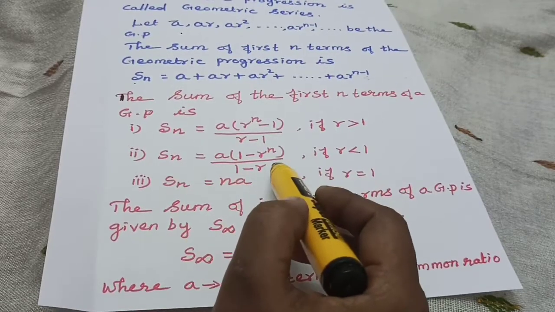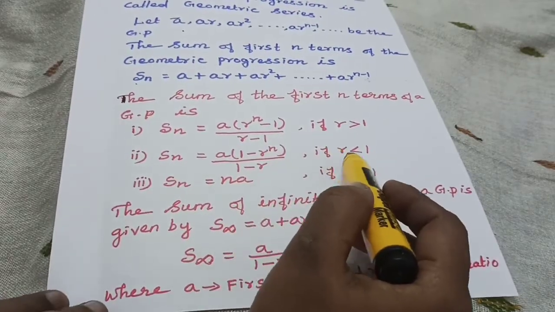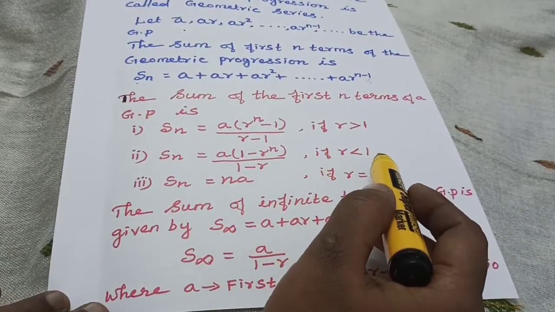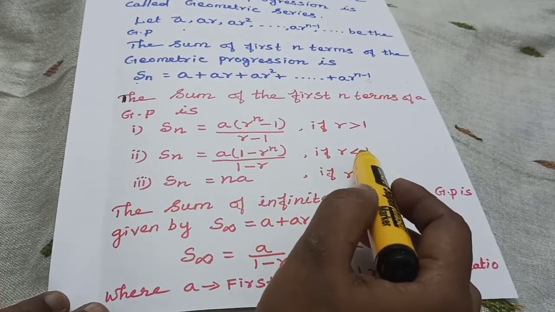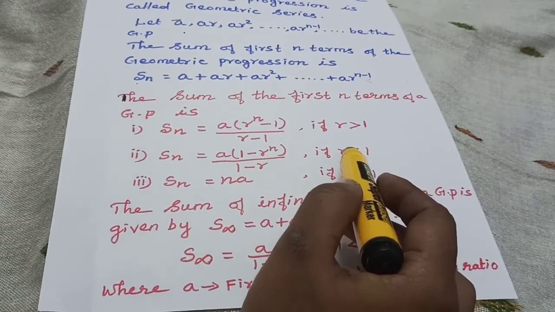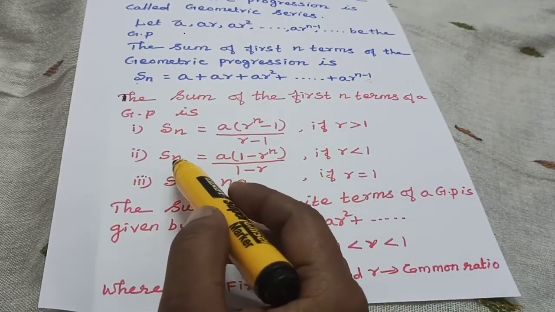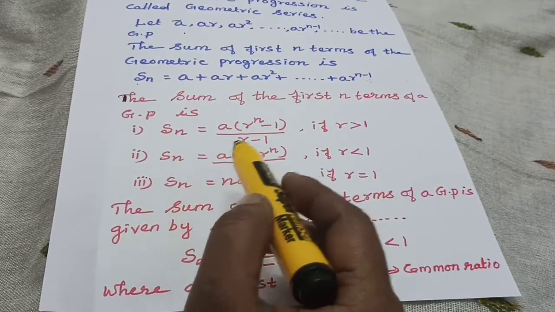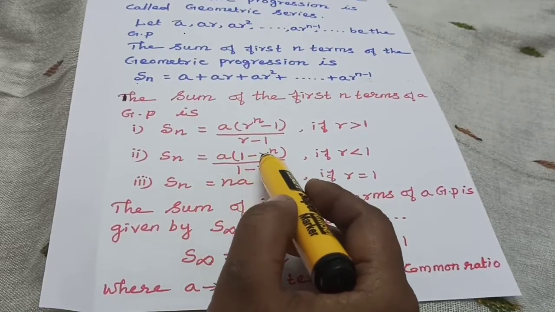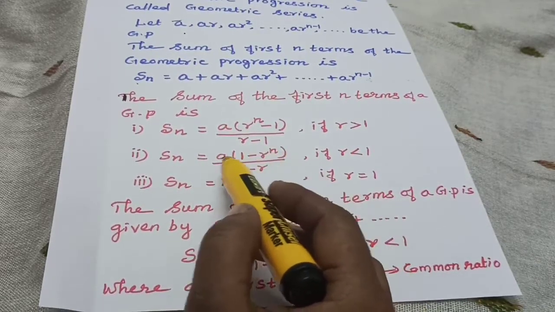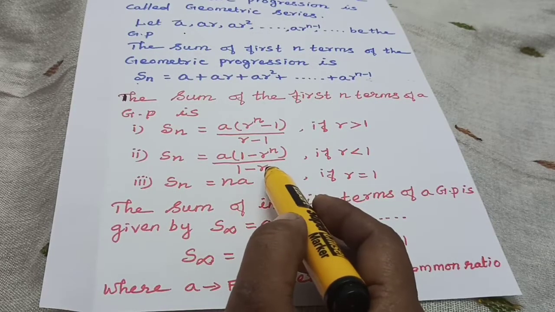When we have to use this formula? If r is less than 1, first we have to find out the r value. If r is less than 1 we have to use this formula. Sn equal to a into 1 minus r power n divided by 1 minus r.